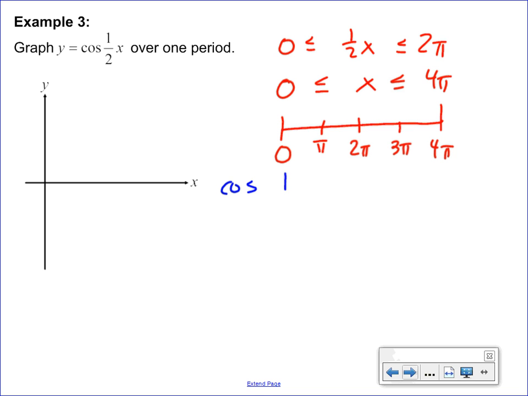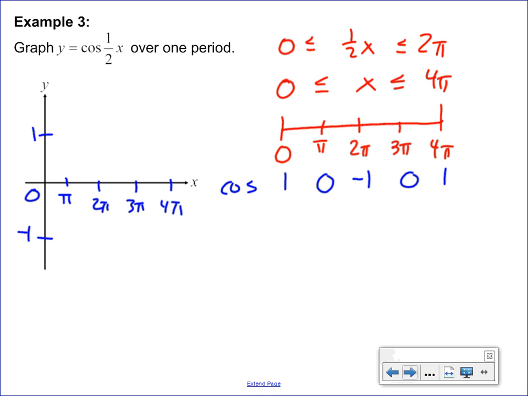It goes 1, 0, -1, 0, 1. Done. X-axis, Y-axis. So we have 0, pi, 2 pi, 3 pi, 4 pi, 1, -1. And then we make that beautiful Greek statuesque thing.